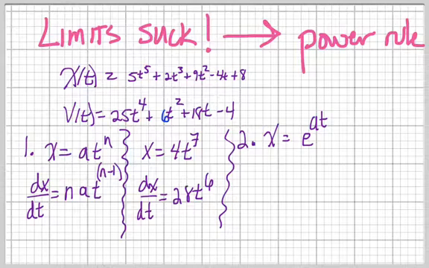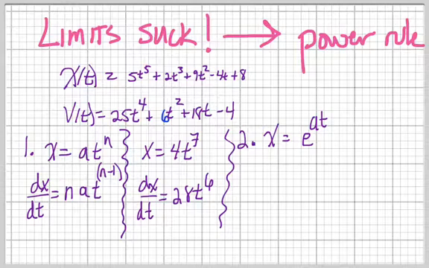Okay. Here's another cool one. x equals e to the at. This also works with exponential functions. This would really suck to have to do with the definition of the derivative. Luckily, we don't have to. In fact, e is very nice. The derivative of e to the t is e to the t.